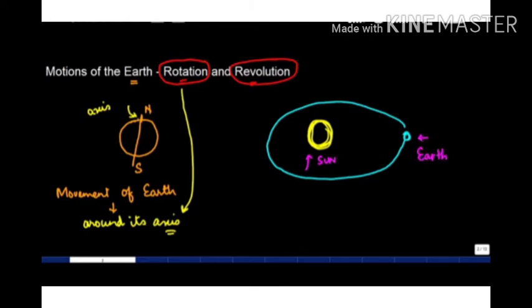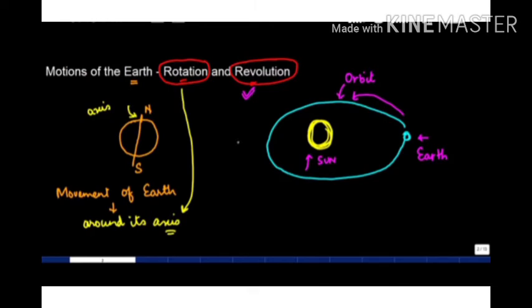In addition to rotating around its own axis, the Earth also revolves around the Sun. It follows this fixed path, and you know what this fixed path is called. It is called Earth's orbit. So the movement of the Earth around the Sun on this fixed path, which is called the orbit, is known as revolution.